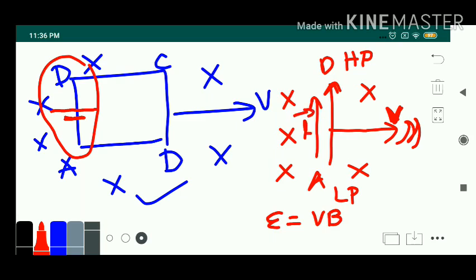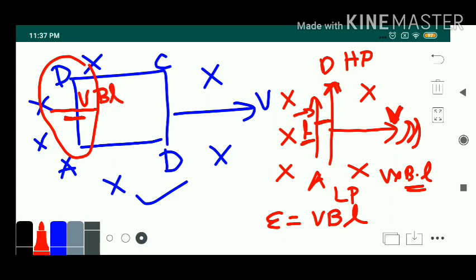The angle is 0 degrees. So V cross B dot L is a dot product, so cos 0, because L and V cross B are parallel. So the angle is 0, and it will be just VBL. So I'm going to replace this with the cell VBL.